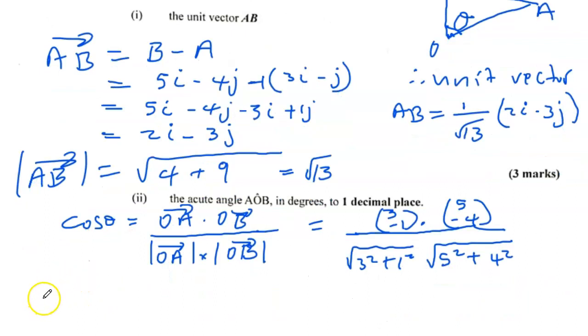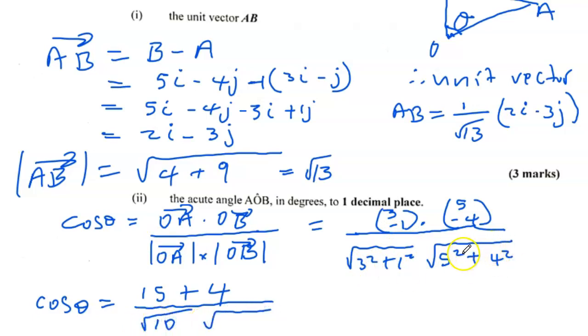So cos theta is equal to the dot product, 3 times 5, that's 15, plus -1 times -4, that's +4, over the modulus here, 3 squared, 9, plus 1 squared, 1, so it's root 10.